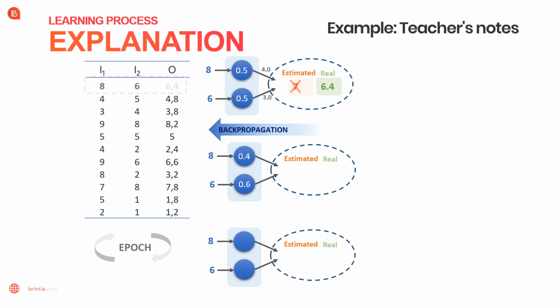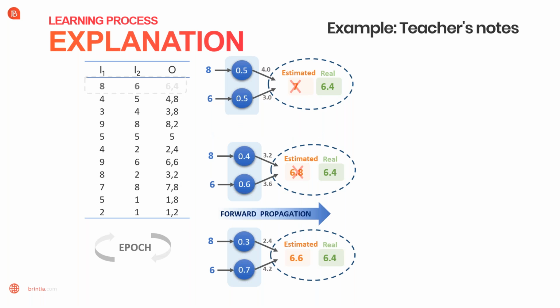In the second step, multiply 8 by 0.4, and the estimate is 6.8. It's not the real one. For this reason, we apply backpropagation, and the next step is the same.